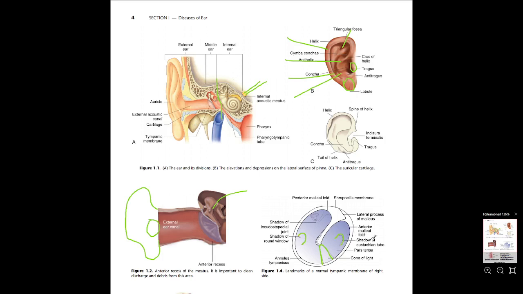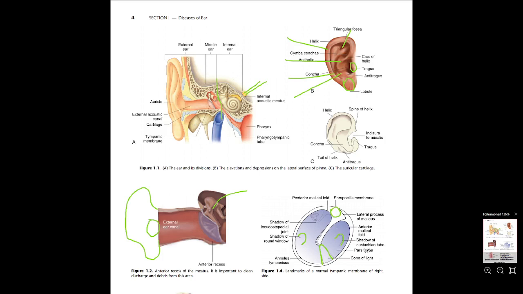This is the pars tensa, meaning the tense part. It's just like a drum, the membrane is tight like a drum. And this one is the pars flaccida, meaning it is flaccid, not stretched out like the pars tensa.